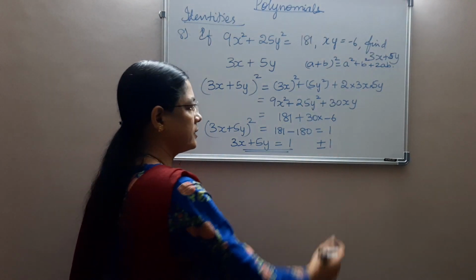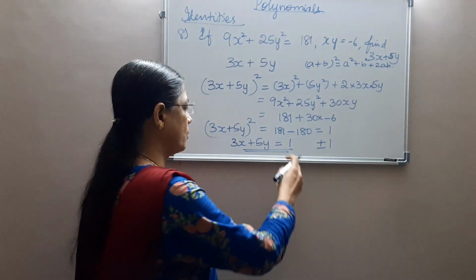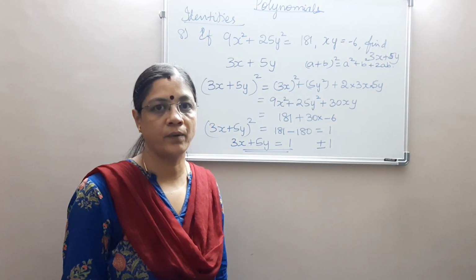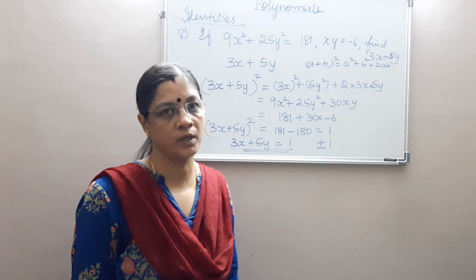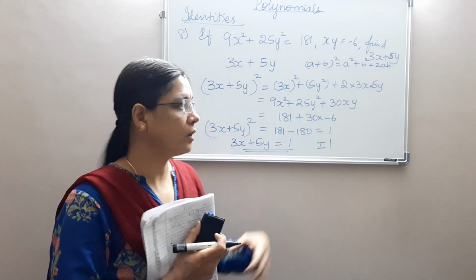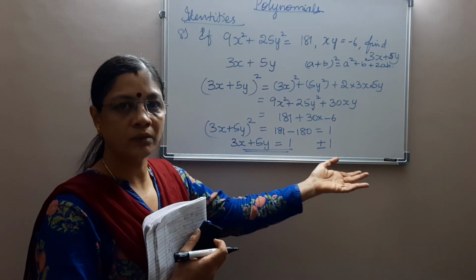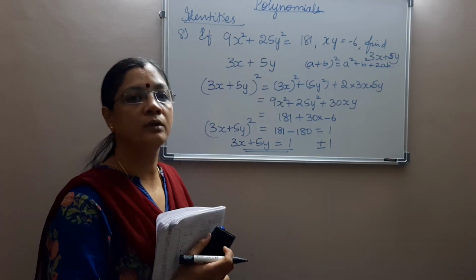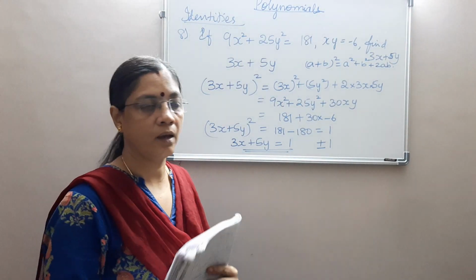So 3x plus 5y is equal to 1, or 3x plus 5y is equal to plus or minus 1 is also the correct answer. Do you understand how we get 3x plus 5y? Just correlate the given question with the given data.